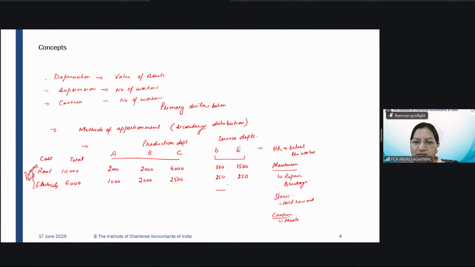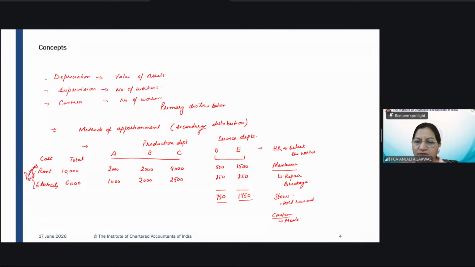Now Department D also has an expense of 750 and Department E has an expense of 1750. But Departments D and E are not manufacturing anything on their own, from which they can recover their cost. So ultimately, the cost is to be recovered from those departments which are producing something.